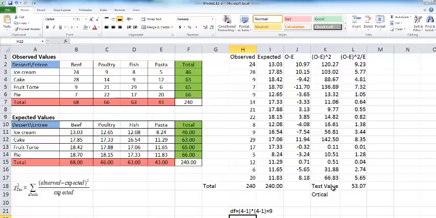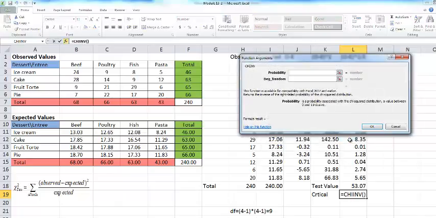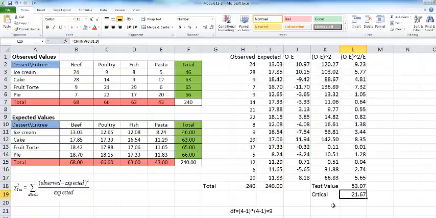So when I do the function, that will be function CHIINV. Click OK. The probability is 0.01 and degree of freedom 9. So the critical value is 21.76.